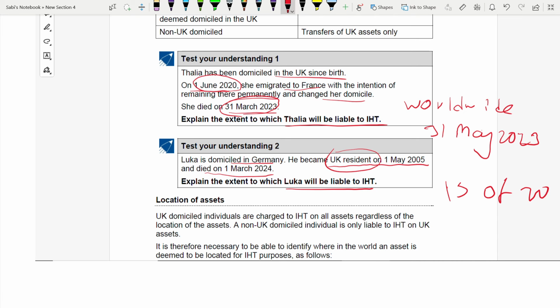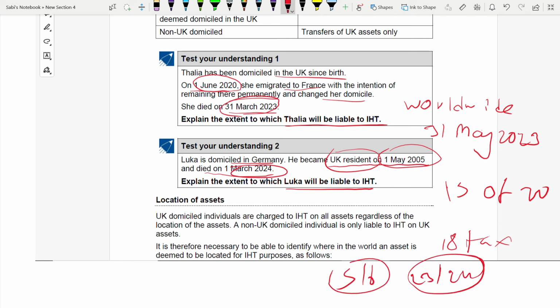So how many tax years? From 2005. She died on this date, 1st March. So if you take from 5 to 2024, how many years? 18 tax years. You have to take the tax years from 2005-6 to 2023-24, this is inclusive. You have to take this and this as well.